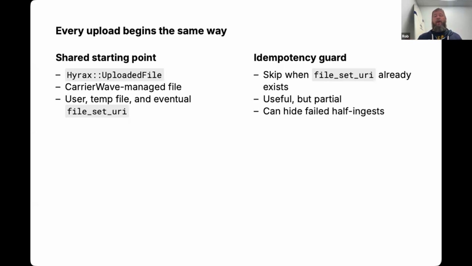So when the file set URI is attached to the uploaded file, that one is then considered ingested. However, if anything else further down the process fails, there's no real indicator, right? You get a notification in the app, but that's kind of it. And so it is really easy, I think, to get abandoned uploaded files. Both the Active Fedora and Valkyrie processes start with this uploaded file, and both of them skip any uploaded files that have a file set URI already.